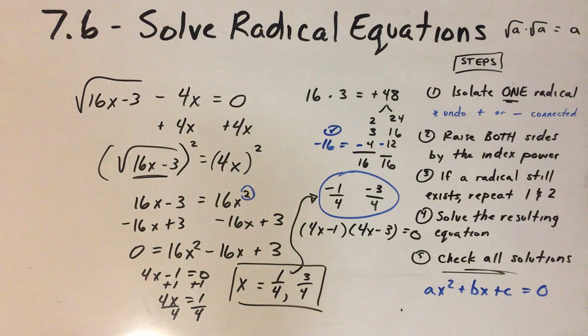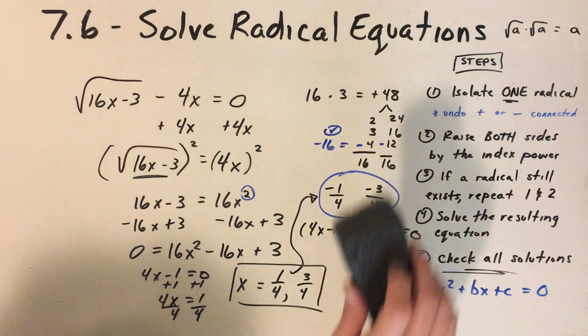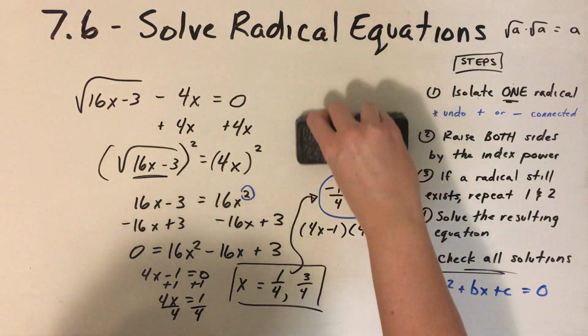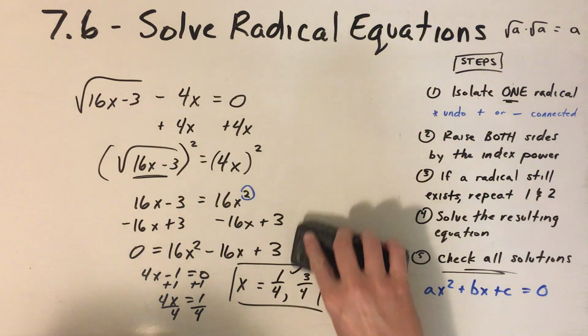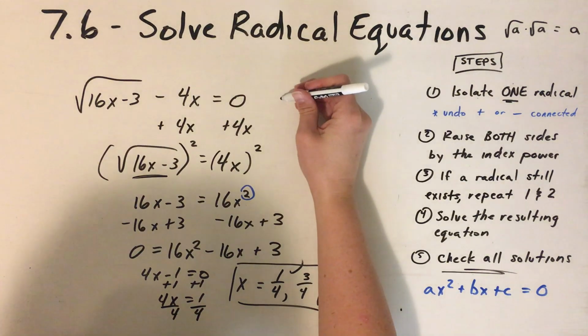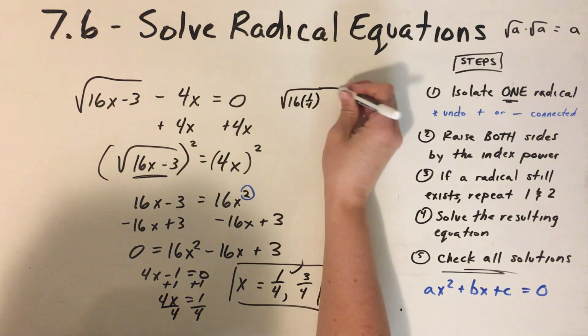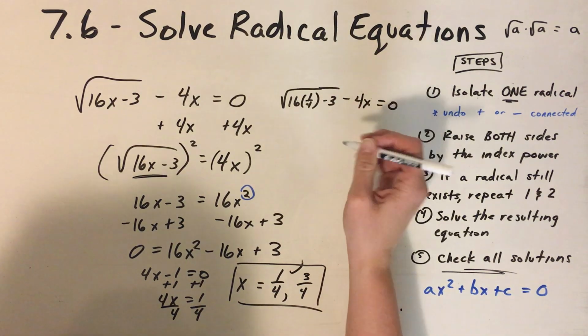So we still need to do that. And to do that, I'm going to erase this work for the factoring here and plug it back in and see if it works. So I've got the square root of 16 times 1/4 minus 3 minus 4x is equal to 0.